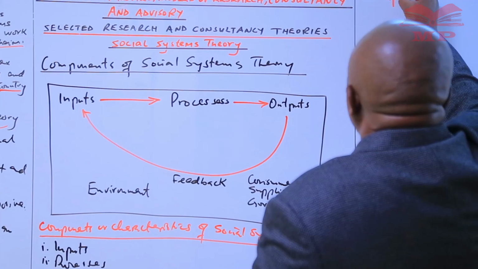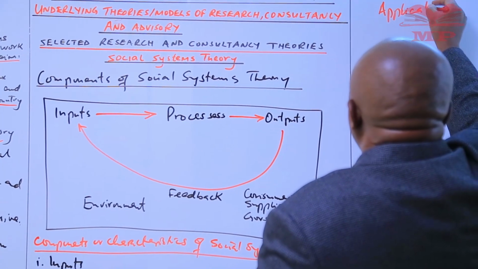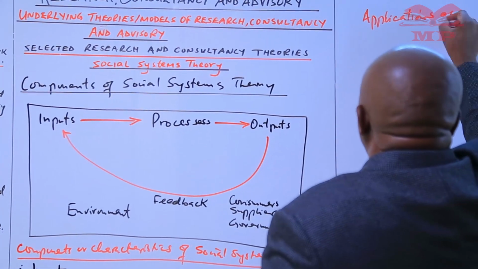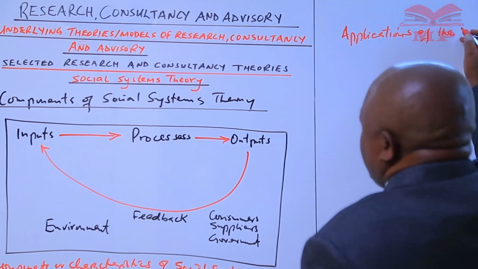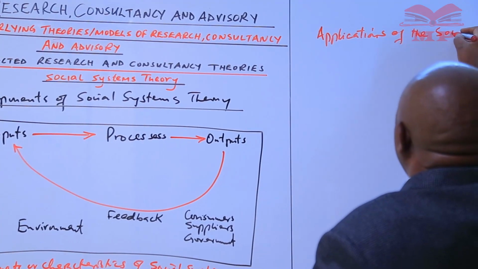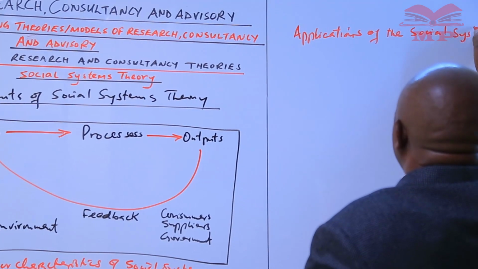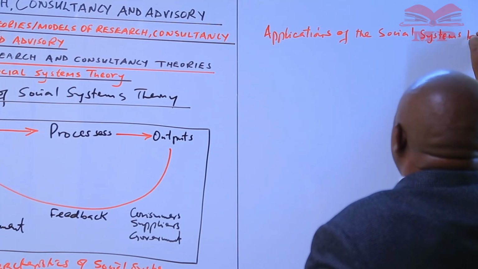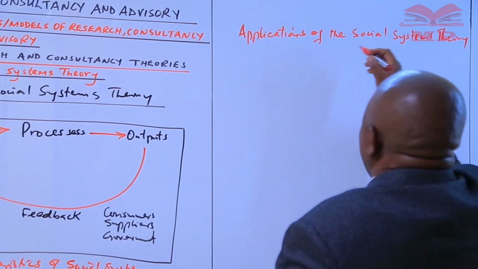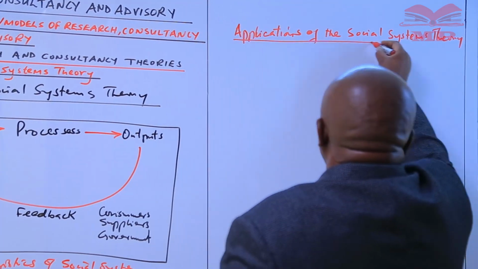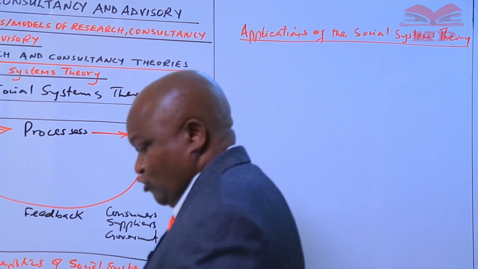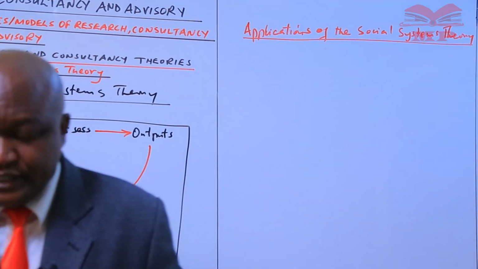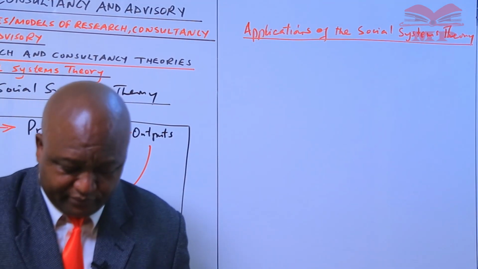Applications of the social systems theory. How can the social systems theory be applied, or of what use is the social system?